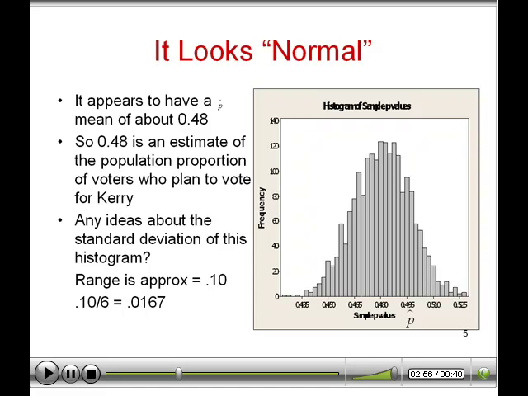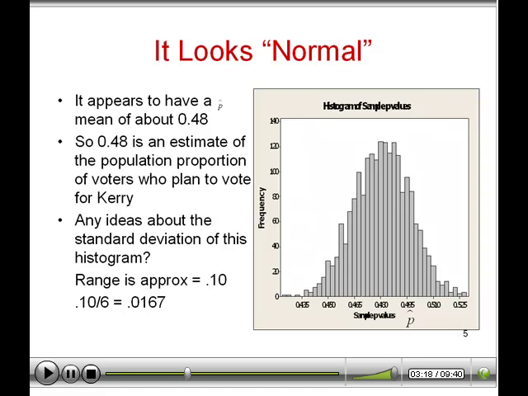So we suspect the graph of sample proportions may be normal, and in fact it is. We can visually estimate the mean to be about 0.48. In fact, since the graph is normally distributed, we could estimate the standard deviation.